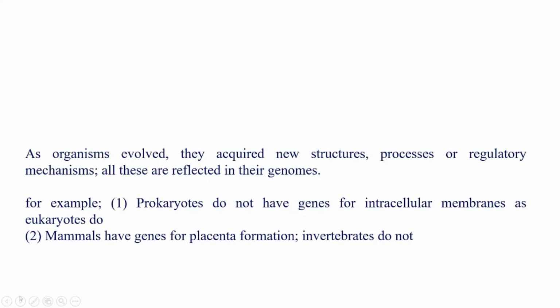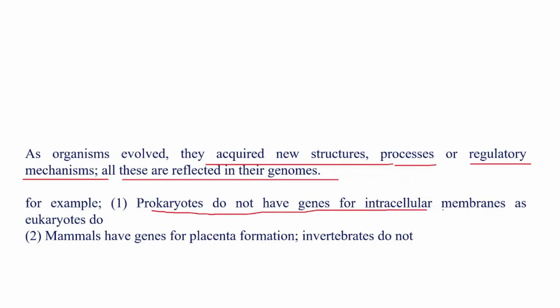So, as organisms evolved, they acquired new structures, new processes, regulatory mechanisms. All these are reflected in their genomes. For example, if we compare prokaryotes with eukaryotes, prokaryotes are simpler organisms.